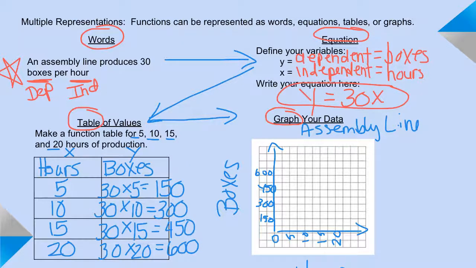In 5 hours, we have 150 boxes. In 10 hours, we have 300 boxes. 15 hours is 450, and 20 hours is 600. I would have a nice graph that looks like this. Of course, I would use my straight edge. So I went from words to an equation to a table to a graph.